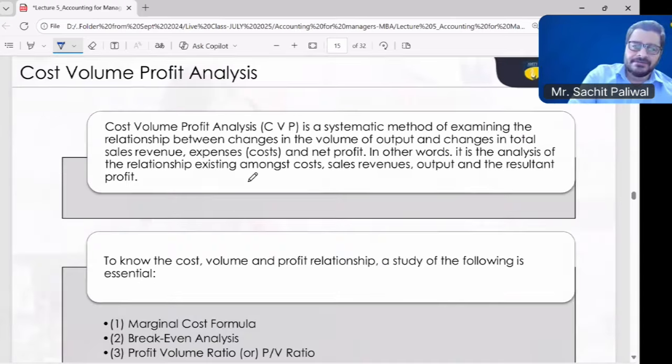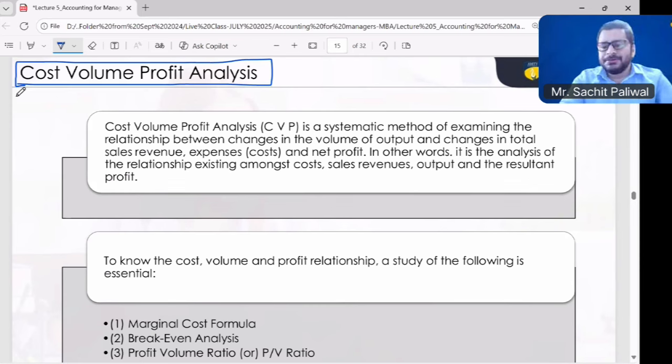Let's understand in detail. In marginal costing, there are too many concepts, or we can say too many techniques, that we are going to use. This marginal costing comes under the concept of CVP analysis. What do you mean by CVP analysis? Cost, volume, profit analysis.